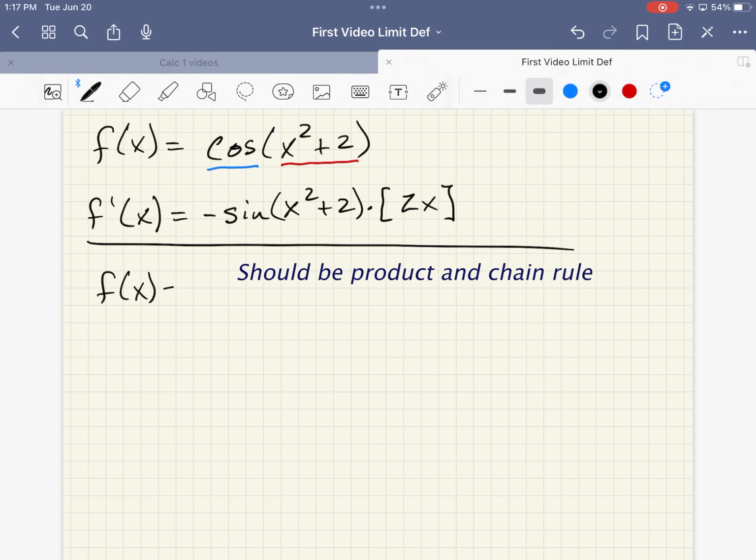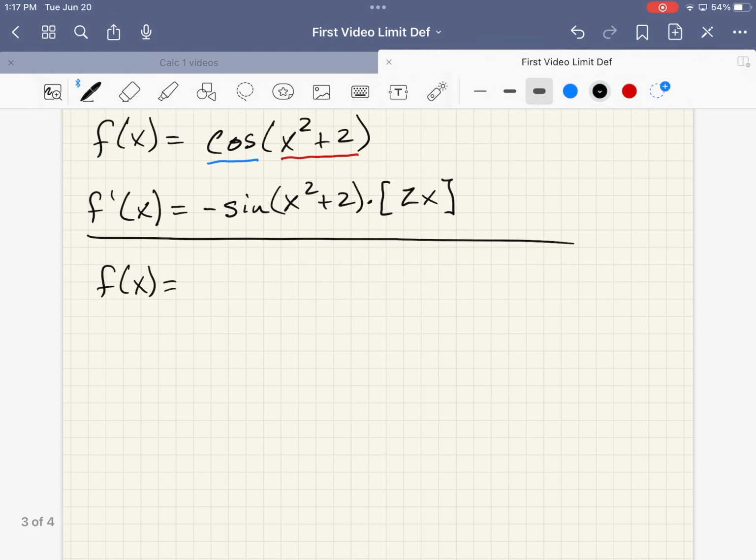So let's suppose we had f of x equals, let's see here, x cubed tan of e to the 2x. First off, note that you have the product of two functions, so I've got to use the product rule.